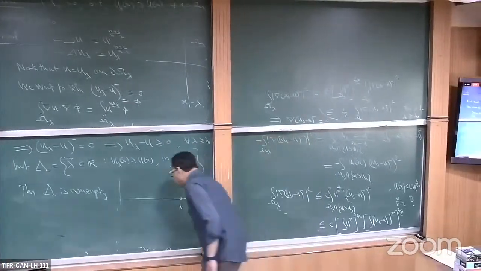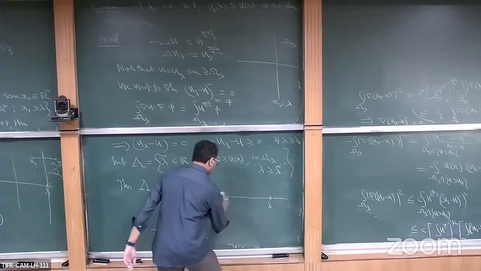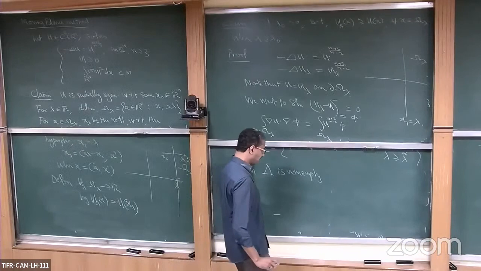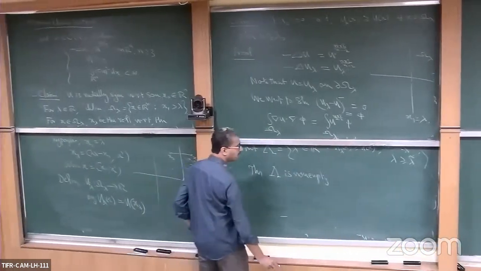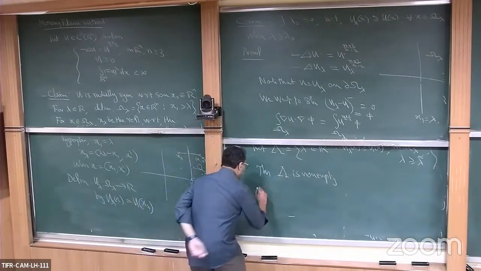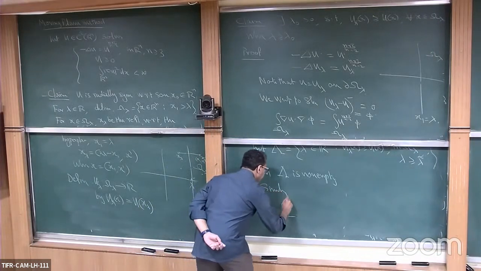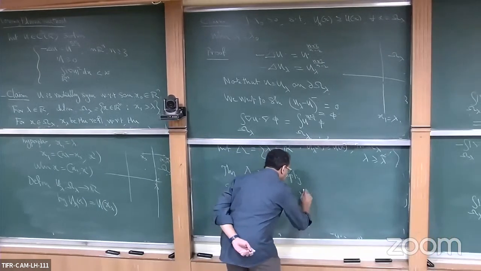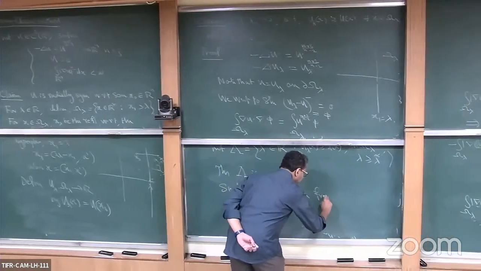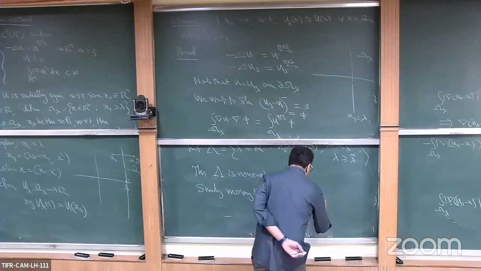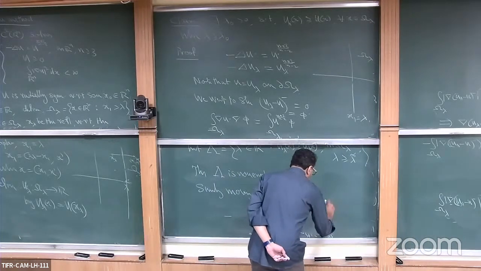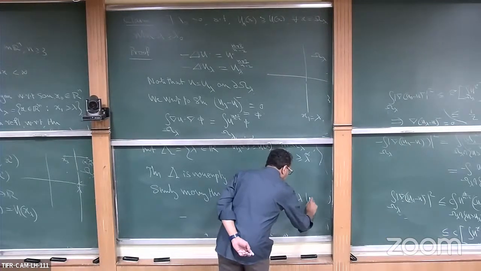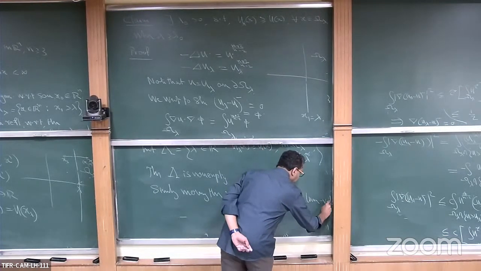So I'm just going to write that the set is not empty. Now similarly, with the plane from, say, x1, with lambda large negative.